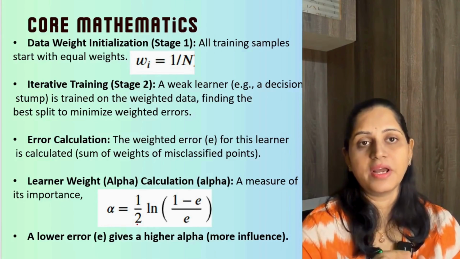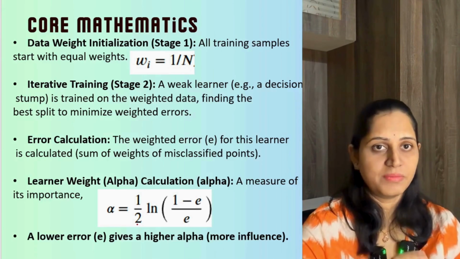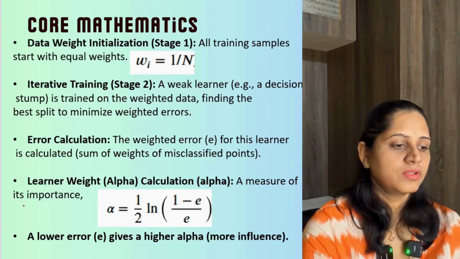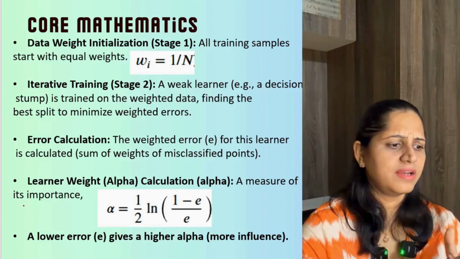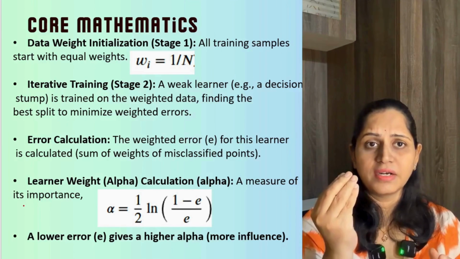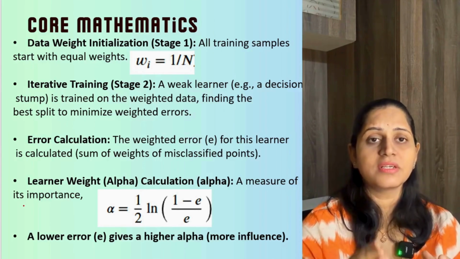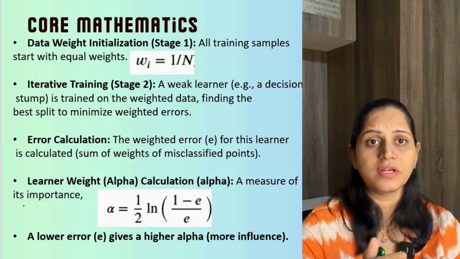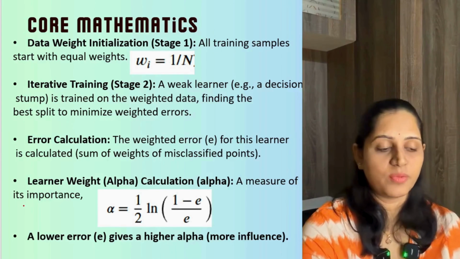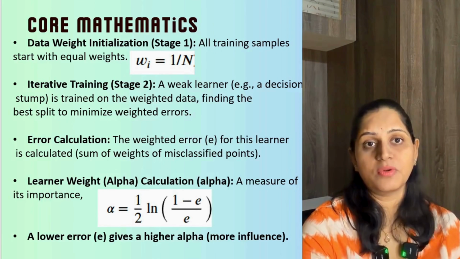Here e is your error, the weighted sum of the misclassified data points. If the error is higher, that feature has the lowest importance. If the error is low, the feature has high importance and more influence in a particular data set.